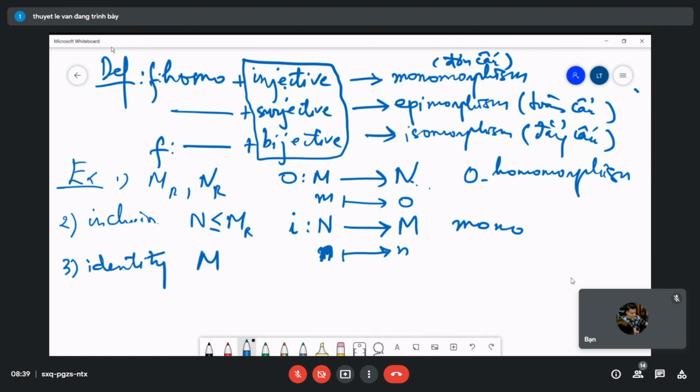That means you have the module M, and then you can write identity of M from M to M. All of M here, you take M. That is an isomorphism.